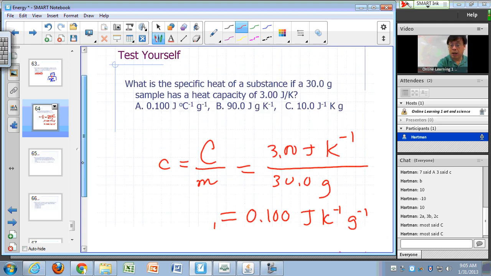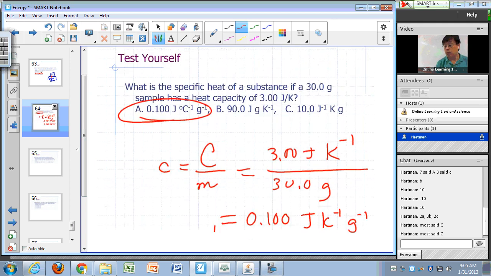The answer is A. This one doesn't even have the right unit. It should be joules per Kelvin per gram. Here your units are switched; you flip the two numbers. Just remember that whenever you use Kelvin in these measurements, it's the same thing as Celsius.